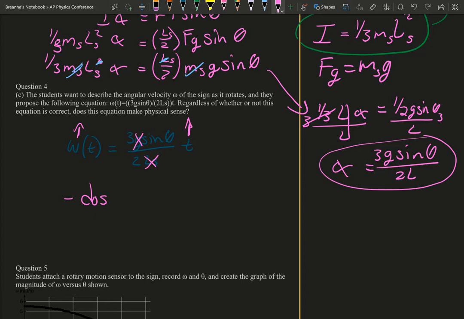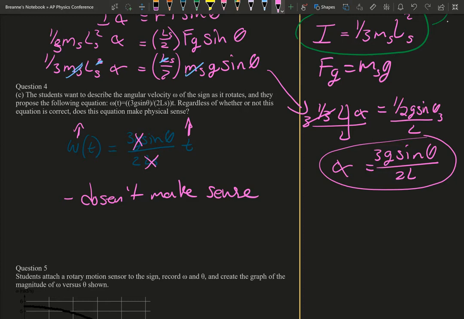You can't spell "doesn't," apparently. It doesn't make sense. And the big reason why it doesn't make sense is because the equation only really shows omega going up because of this time here.